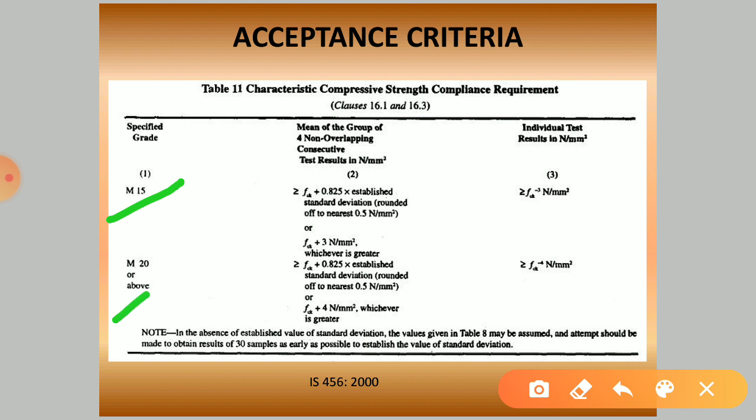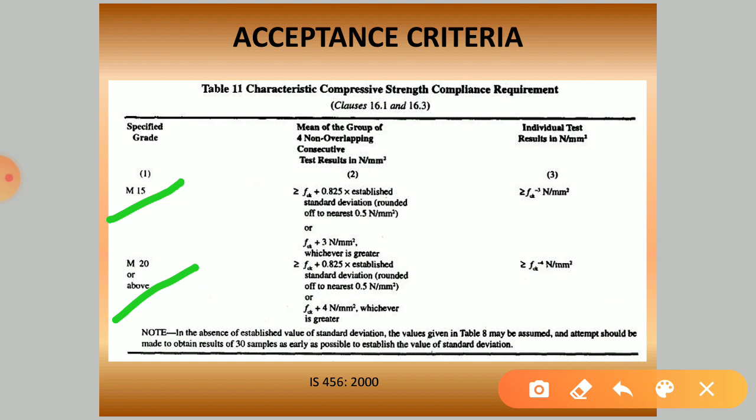Again for M20, it is FCK plus 0.825 times the standard deviation, or FCK plus 4 Newton per mm square, whichever is greater. In the previous case, it is FCK plus 3 Newton per mm square, whichever is greater. That is for the average of 4 test results.